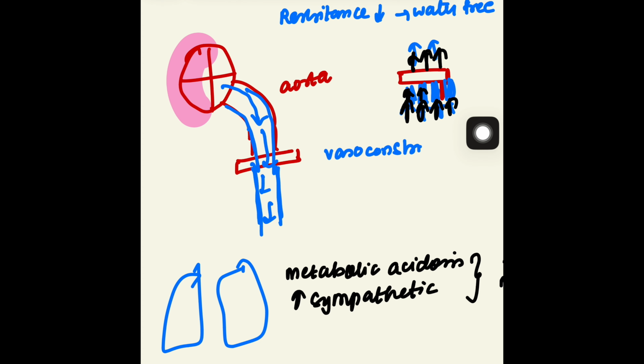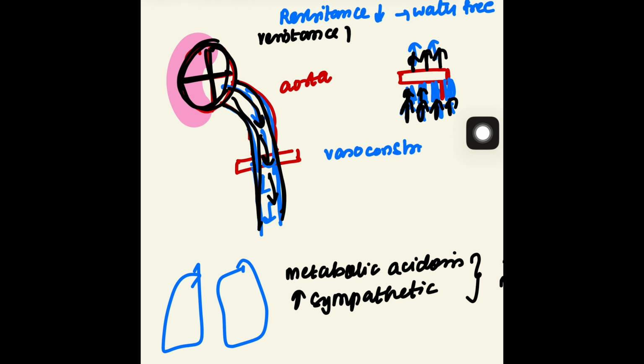The same thing happens when vasoconstriction occurs. The heart has to pump into these constricted vessels. So when resistance increases, the work which has to be done by the heart also increases.